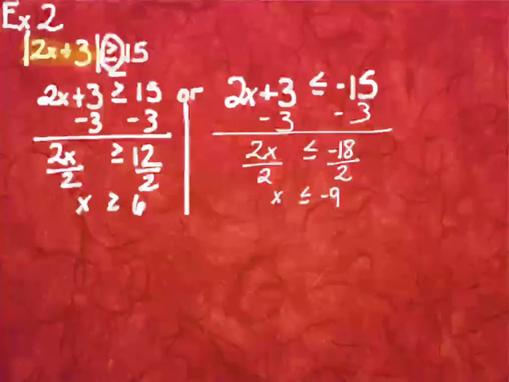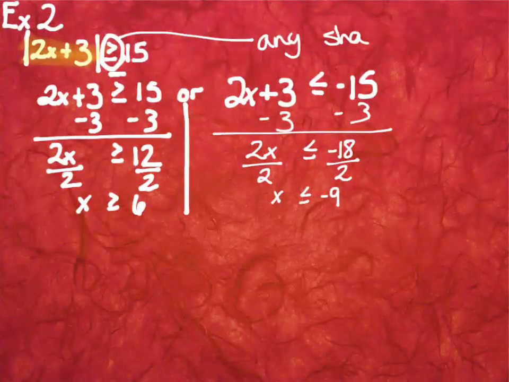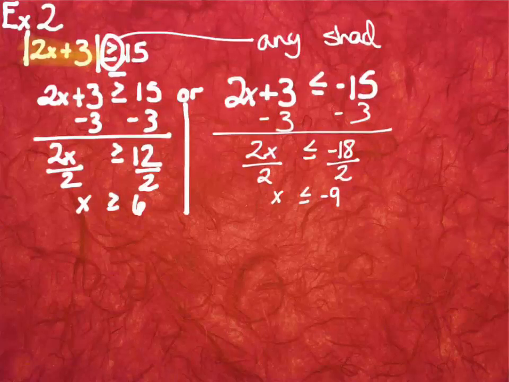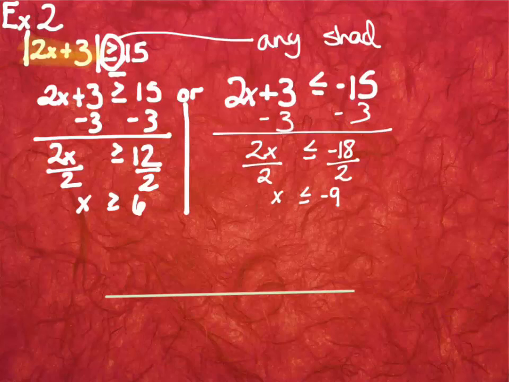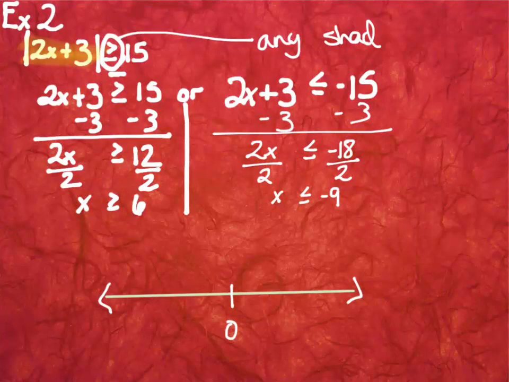So we started off with the greater, and that means that we're looking for anywhere that's being shaded, any shading point when we go down to our number line. So when I draw my number line, I'm going to go ahead and place my 0 in the center. I'm going to put my negative 9 on the left and my positive 6 on the right.